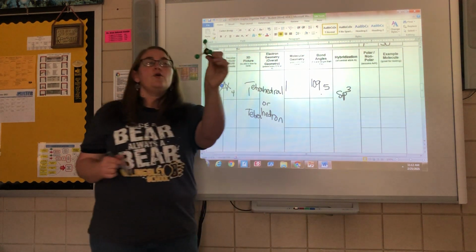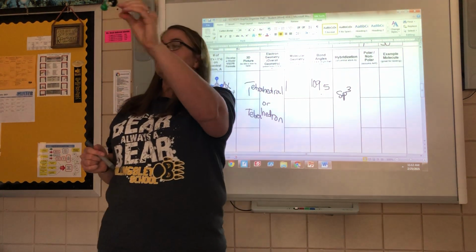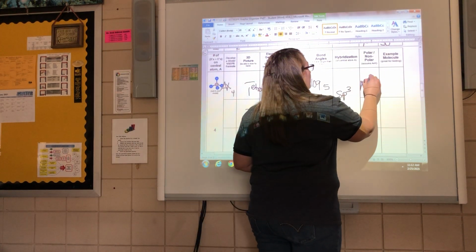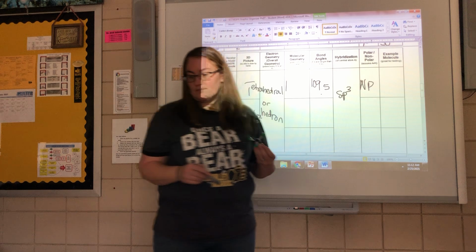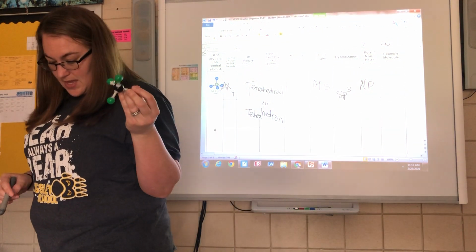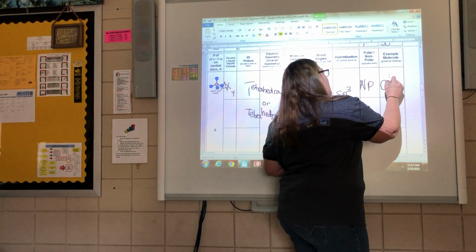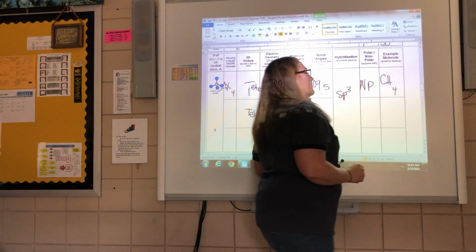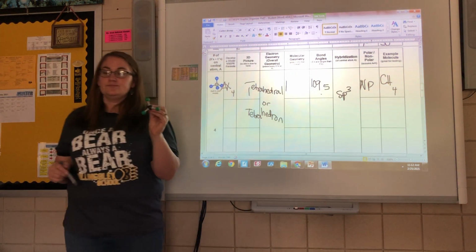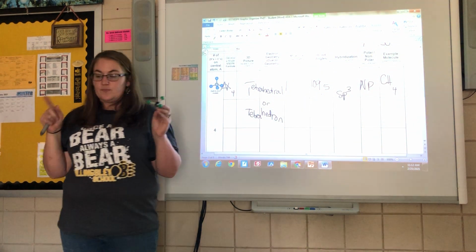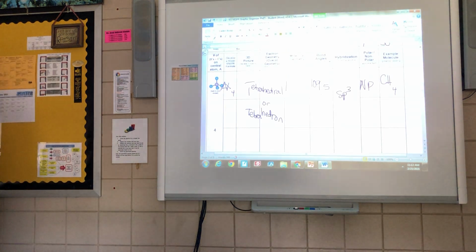Do you think this is polar or nonpolar? Nonpolar. This one is nonpolar. An example molecule might be a methane molecule, CH4. And we're going to stop right there for that. I want to see your paper before you put it up.